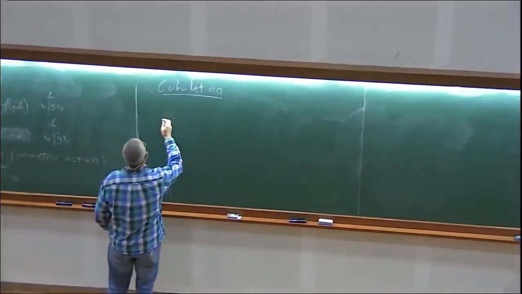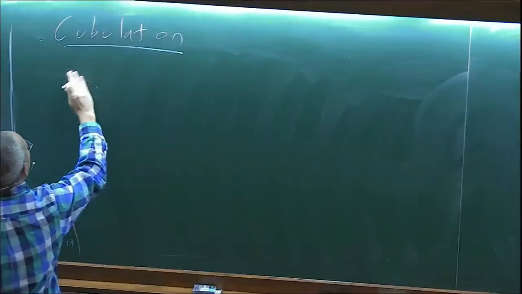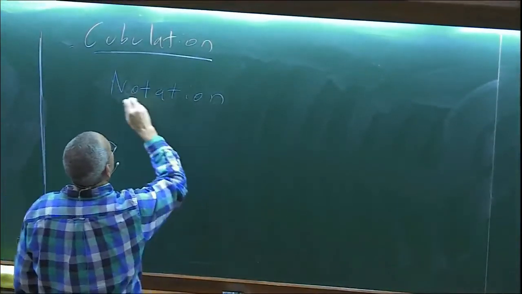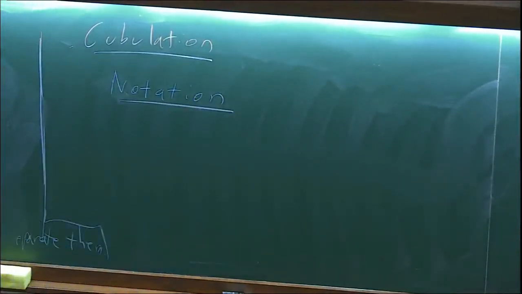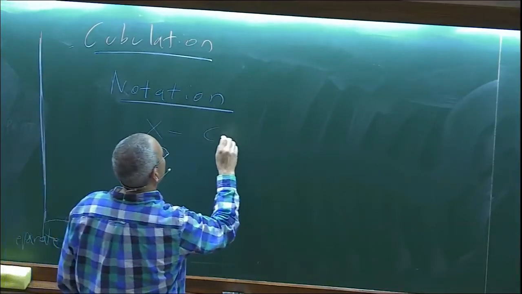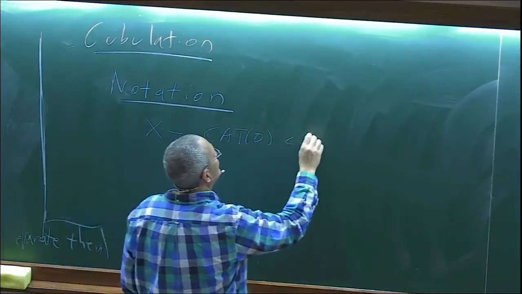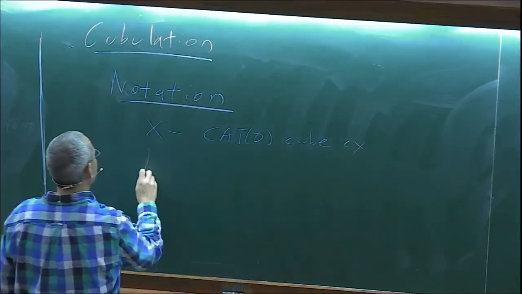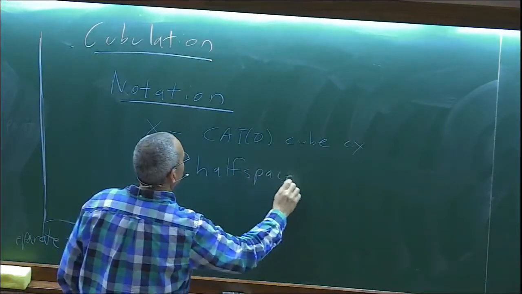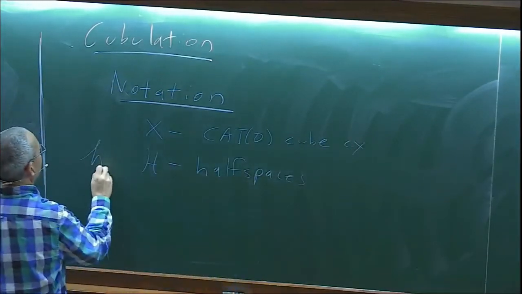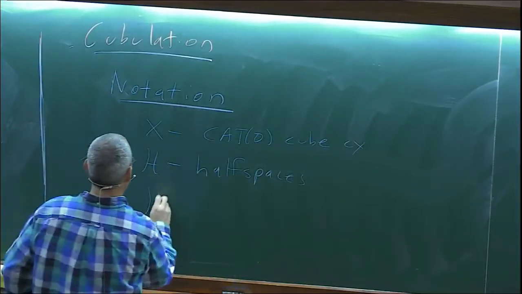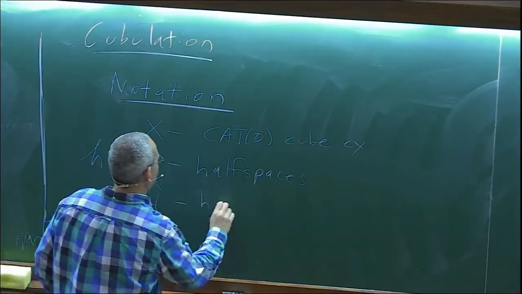Okay, so now let's return to the notation, and I'm going to change notation a little bit just because it's what I'm used to. So X will be our cat0 cube complex, as usual, and H will be the half spaces. So I'll write little h like this when I mean a half space, and I'll put a little hat on top of it when I mean a hyperplane.